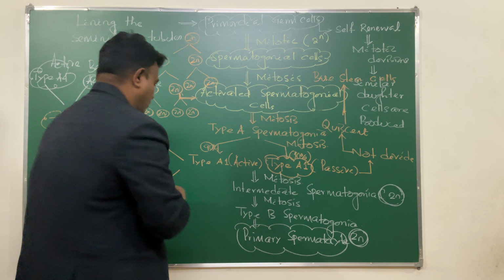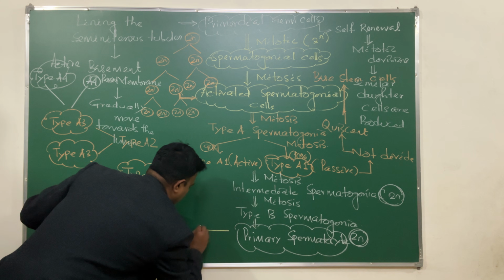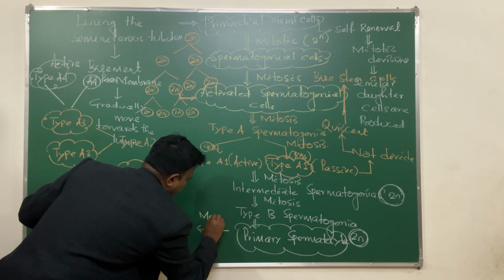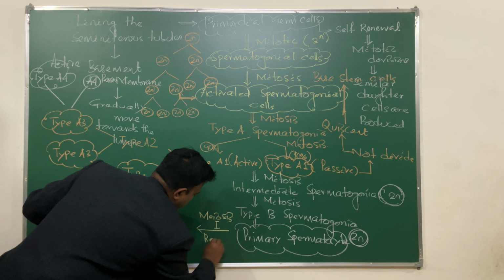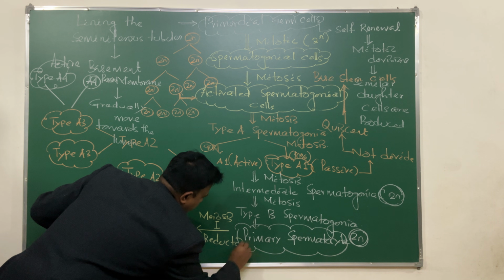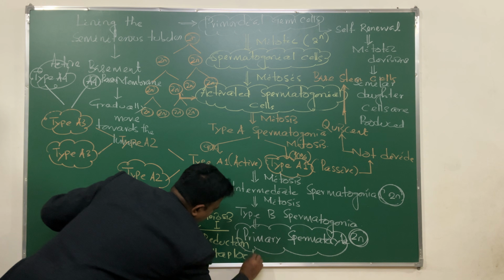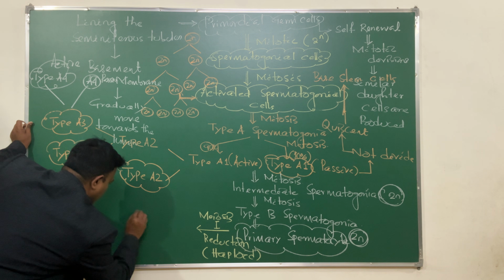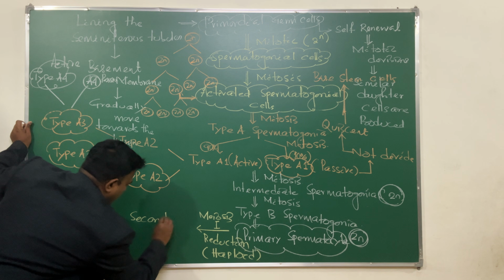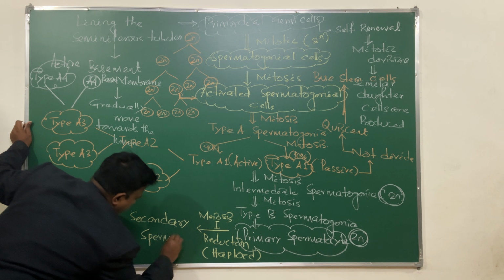So let's see how it is. Primary spermatocytes undergo meiosis 1. Meiosis 1 is the true reduction division, and it will lead to the production of haploid cells. And now I am getting two cells which are known as secondary spermatocytes.